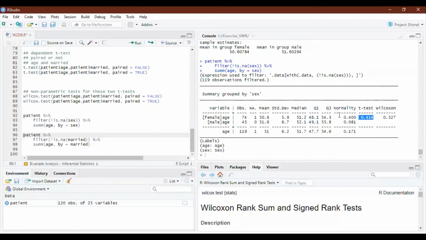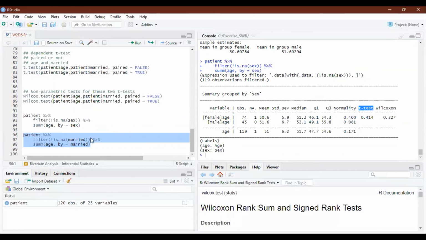Anyway, I think that is how you do the t-test and Wilcoxon test in Amstat. With Amstat you don't have a lot of flexibility. You cannot change the assumption, like the paired test or even the variance assumption, var.equal. It just gave you the default, the Welch test.